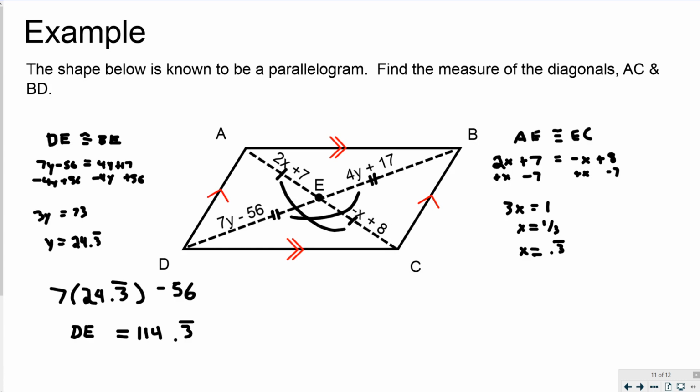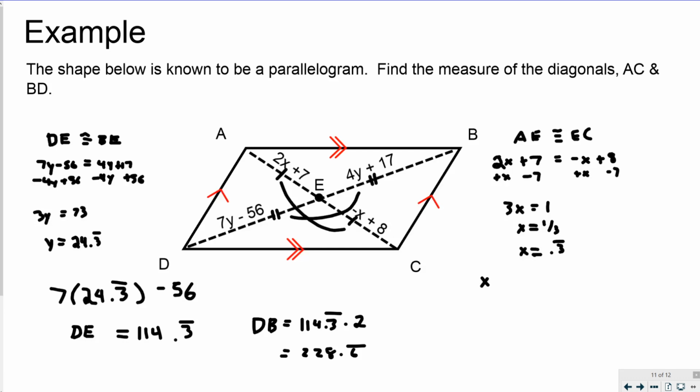I know that DB is equal to that times 2. And so multiplied by 2 would be 228.6 repeating. And then if we do the same thing over here, the numbers work out a little funky on this one, guys, but just bear with me.